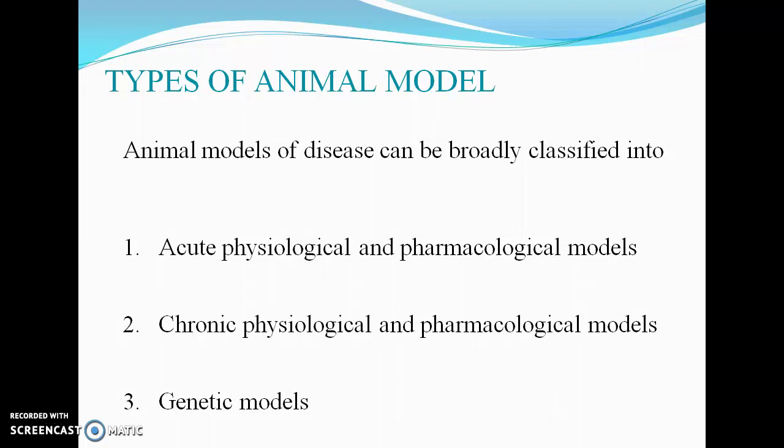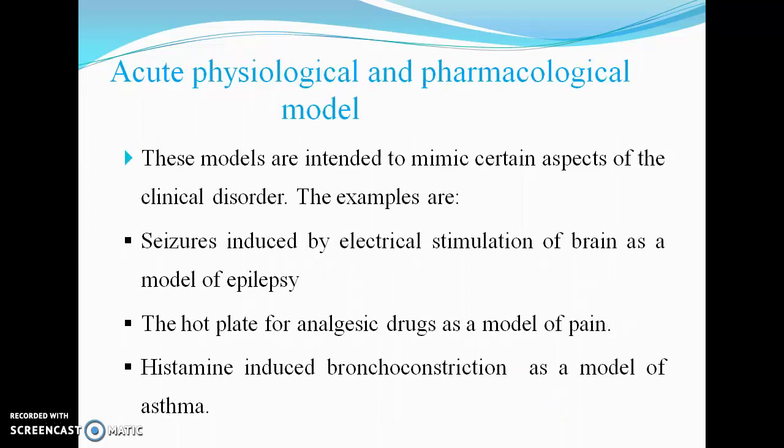Animal models of disease can be broadly classified into acute physiological and pharmacological models, chronic physiological and pharmacological models, and the third one, genetic models. Let us see each type of animal model with some examples. First, the acute physiological and pharmacological model. As the word acute represents, it is of shorter duration.